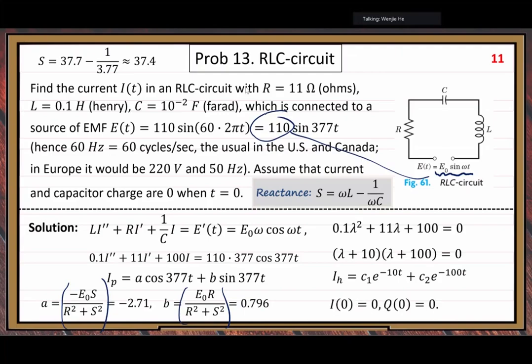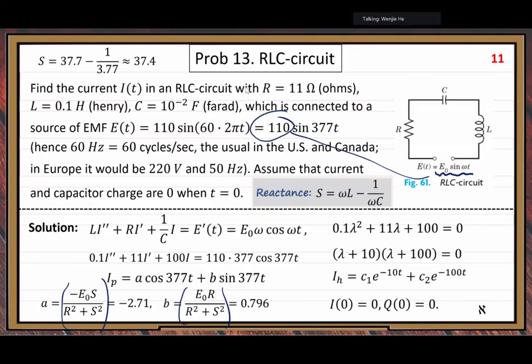Then you have the IP function. Then we need to determine C1, C2, with two initial conditions. Here I didn't complete the remaining part. The remaining part is not very hard, right?